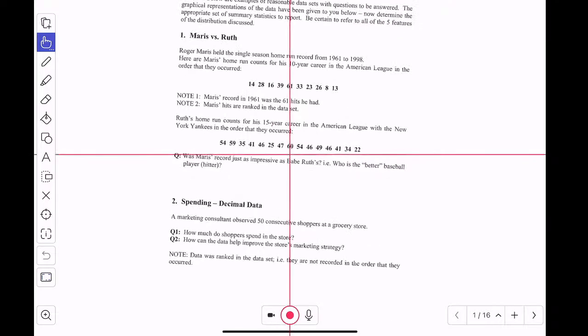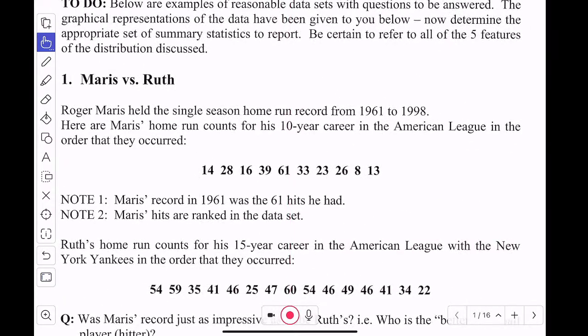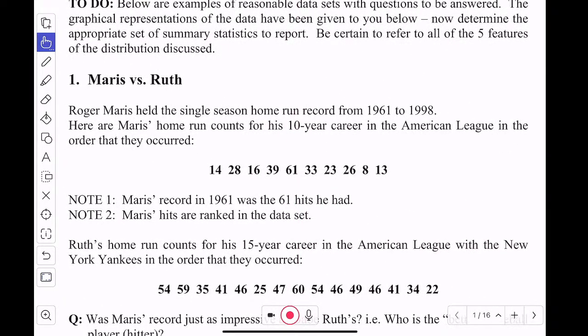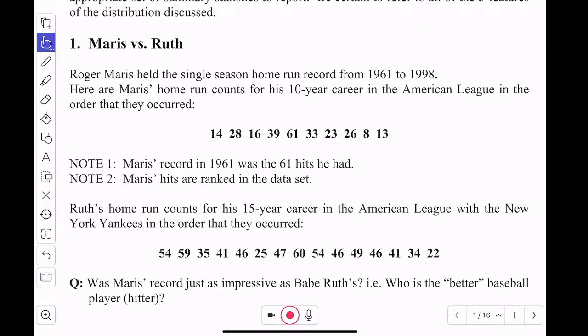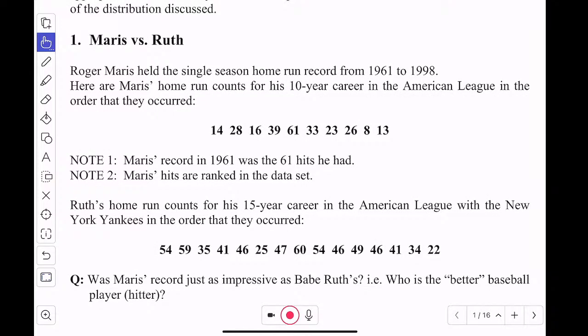And discuss this one. So this is a nice exercise. Here we're going to compare two baseball players. We're going to approach this question in a systematic way. Who is the better baseball player? Who's the better hitter?